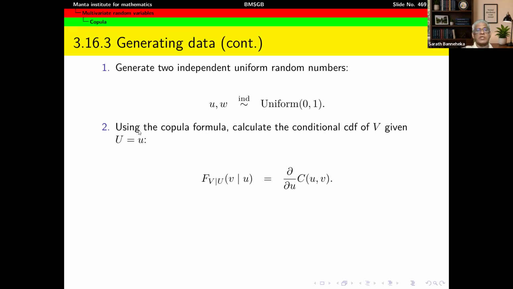So the copula C(u,v) is actually the joint CDF between U and V. From that, we can get the conditional CDF of V given U, and we have to get some expression. Yes, I will show you an example later on. So that is the second thing.